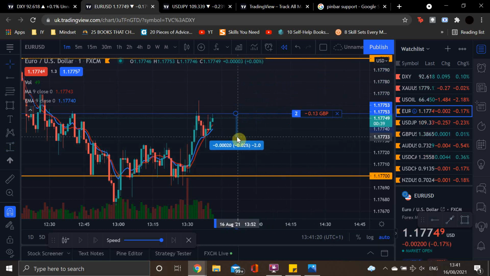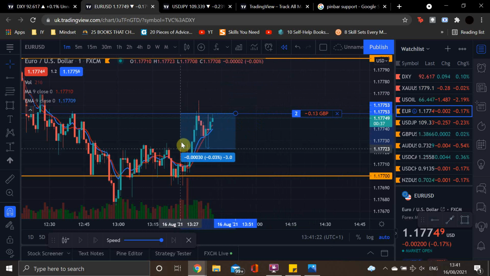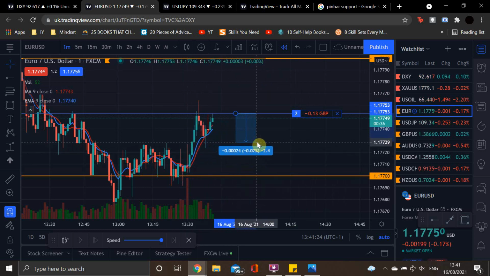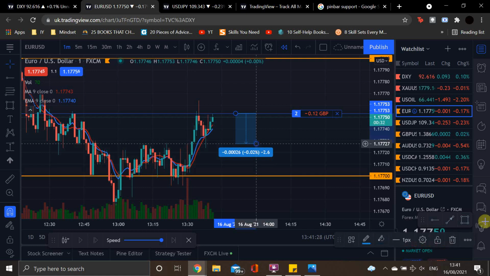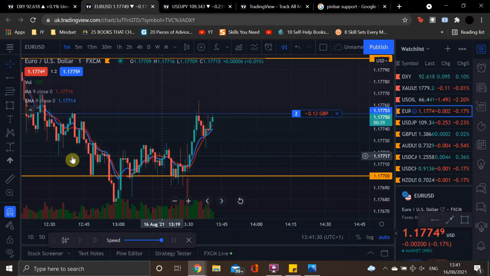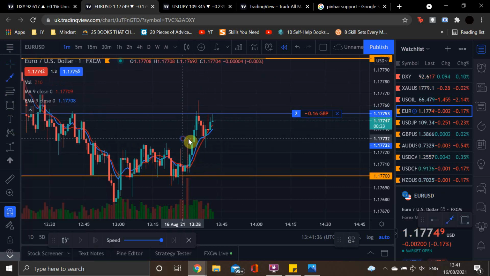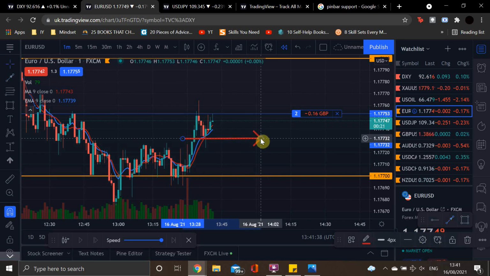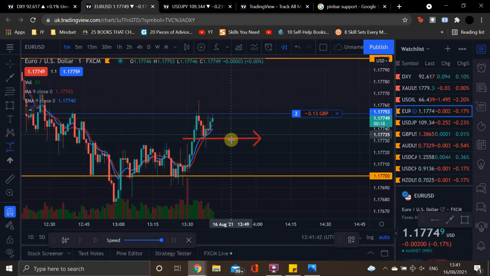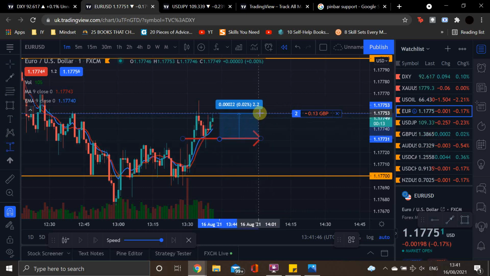So yeah, that's 2.5. That's fair. If it goes below this area, if it goes below this lower low, which is 2.5.